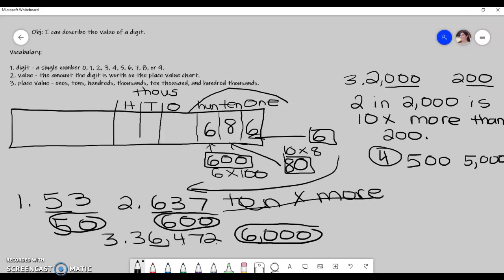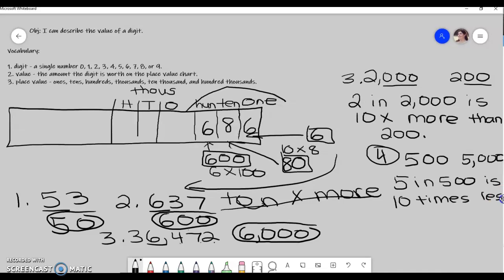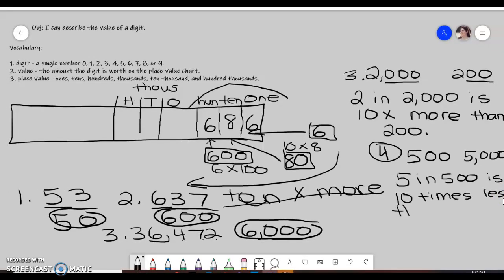So the 5 in 500 is 10 times more or 10 times less? Is 500 more or less? It's less, that's right. So it would be 10 times less than 5,000.